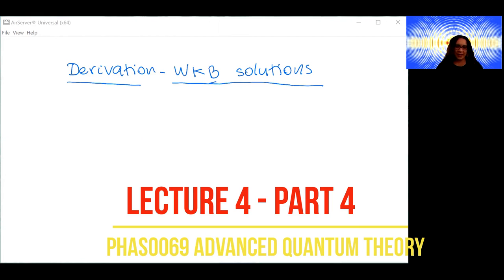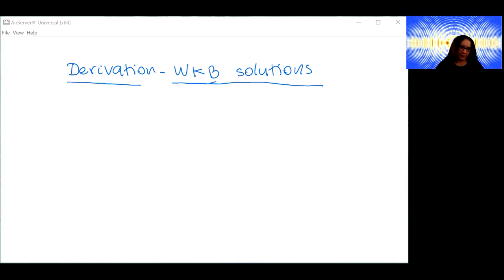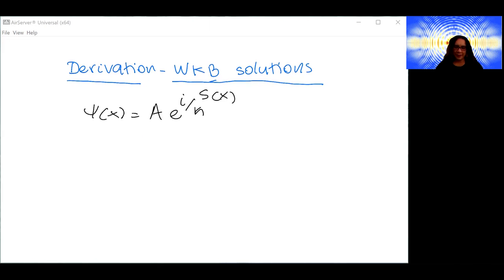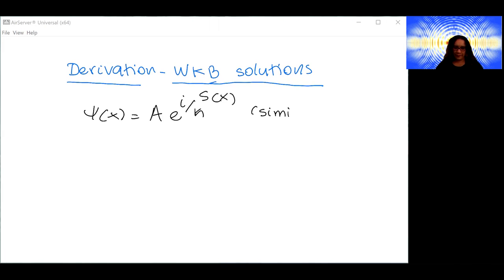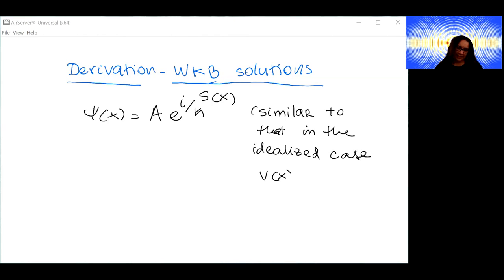So we had this following expression here, which was psi(x) = A e^{(i/ħ) S(x)}, which we said is similar to that in the idealized case V(x) equal constant.